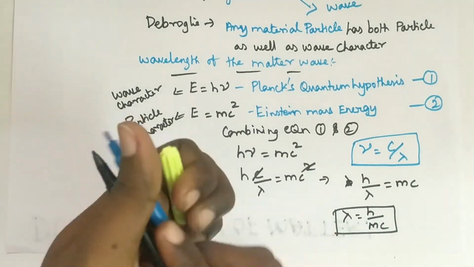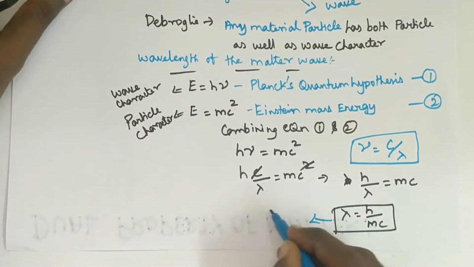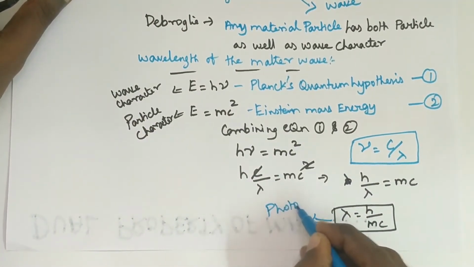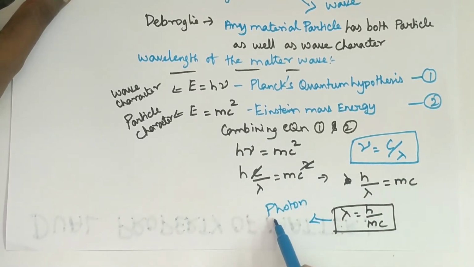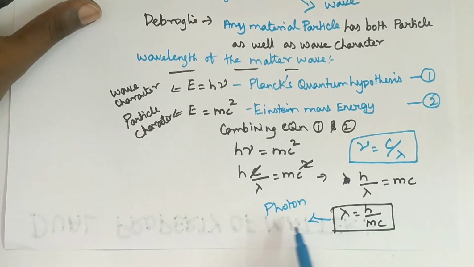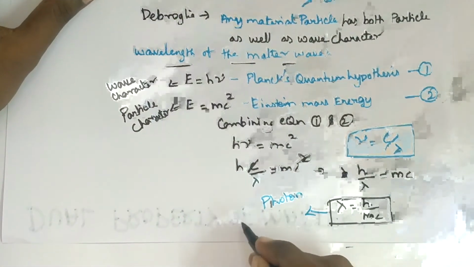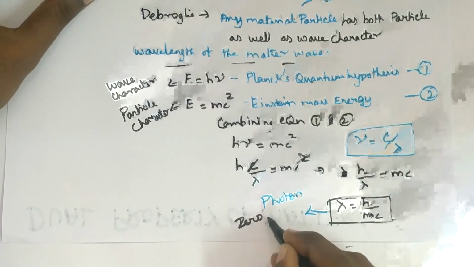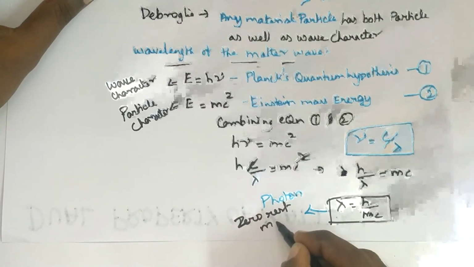This equation is for a photon. It represents the wavelength of the photon. Photons have zero rest mass.